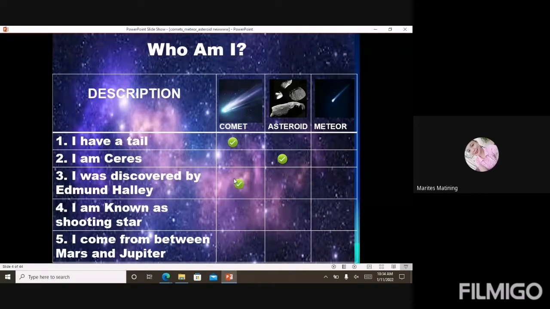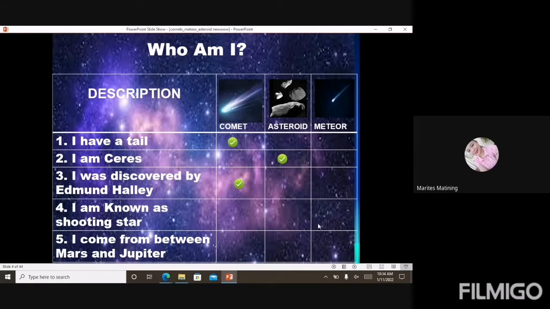To be exact, every how many years does Halley's Comet return? Do we have an idea? I think every 76 years. We'll check later.